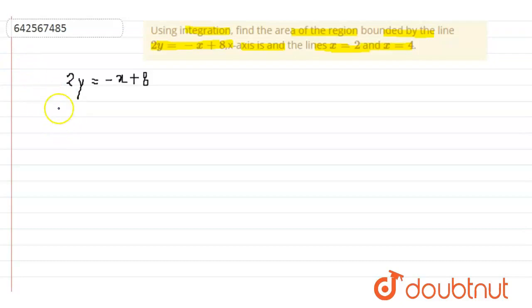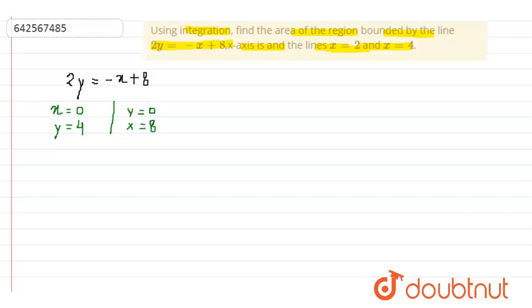So first we will put the value of x as 0. After putting x as 0, the value of y is going to be 4. And the second thing, when we put y equal to 0, the value of x is going to be 8.